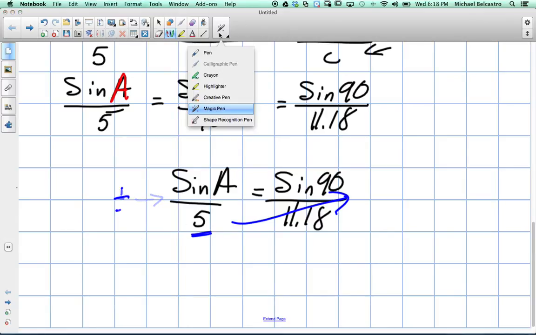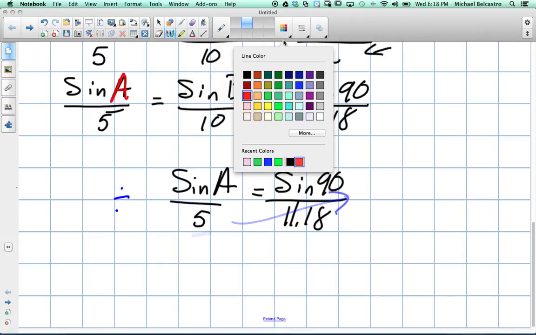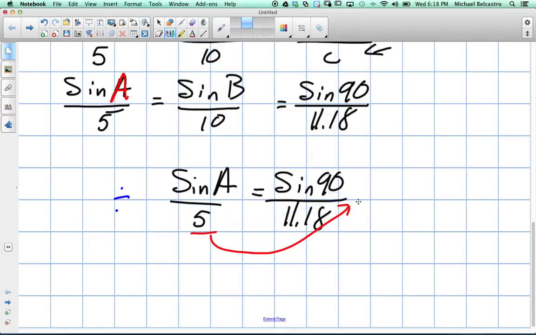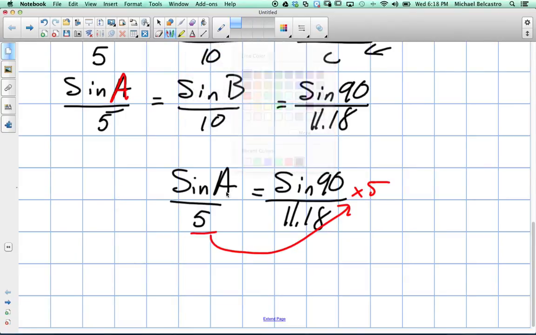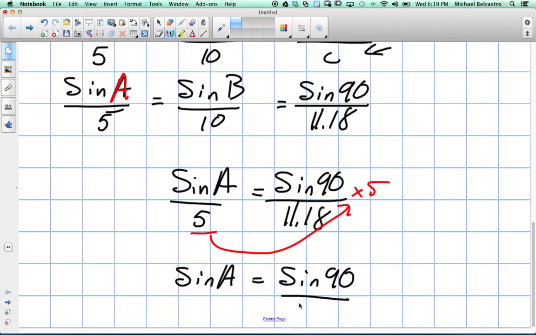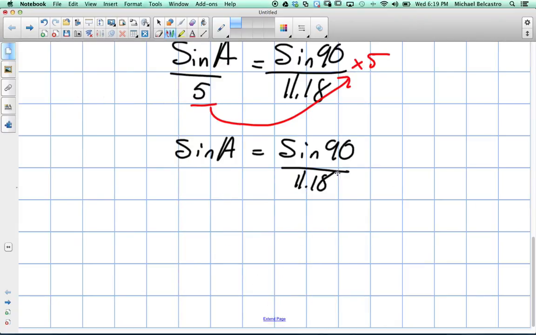Multiplication, that's right. When I bring it to the other side, the 5 has to become multiplied by 5. So then what we'll have is sine A equals sine 90 over 11.18, times 5.